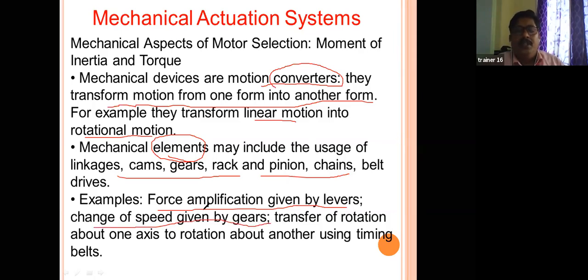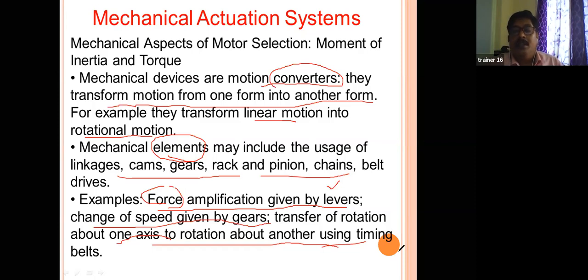So the enlargement of force is given by levers, and the transfer of rotation about one axis to another is done using timing belts. That means the rotation is changing.